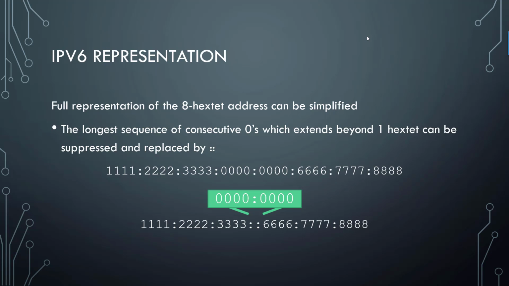Because we know there has to be 8 hextets, we can get away with this shortcut notation because we know that there's something missing and we just add enough zeros as required to get a full 8 hextets in our numbering scheme.